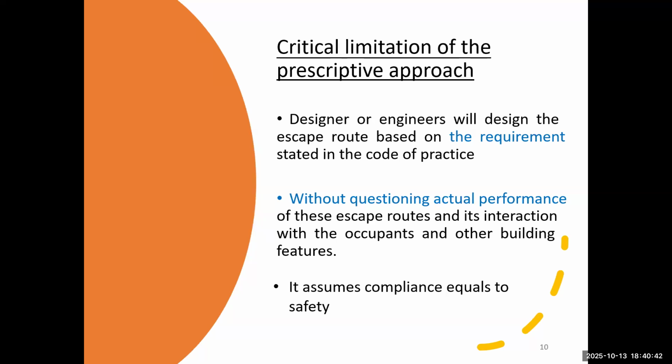As we talked about before, the prescriptive approach has several critical limitations. The designer will follow the code without questioning the actual performance. We highlight the actual performance because the code does not model how a fire would actually develop, how the smoke would spread, and how people would truly behave in an emergency in that specific building.